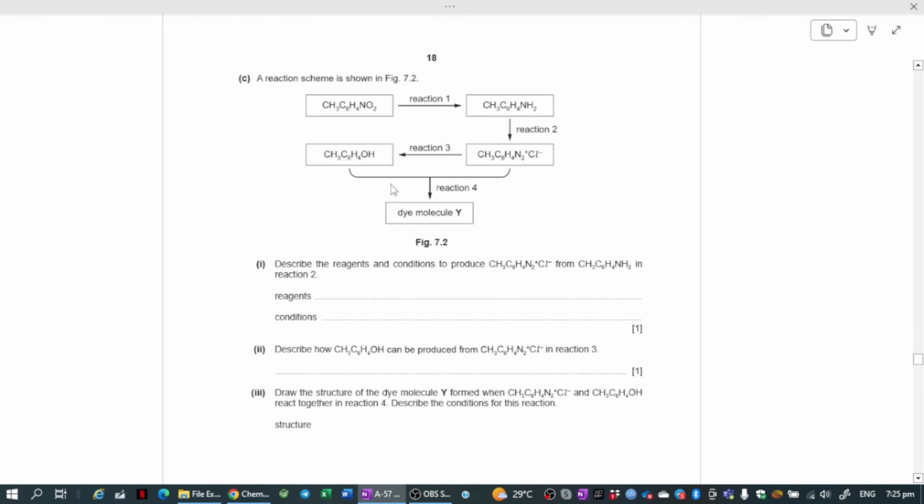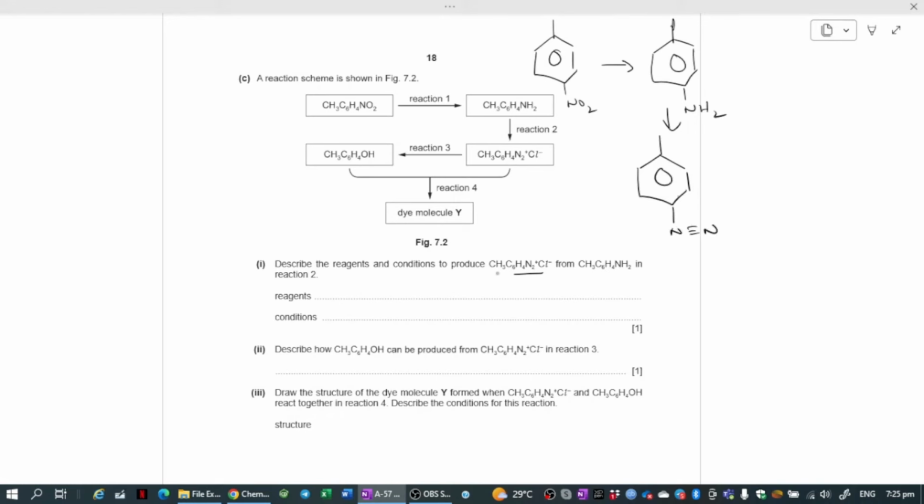Right, so in part C now, we are looking at this reaction scheme here. They ask us to describe the reagents and conditions to produce this salt from the phenylamine compound in reaction 2. So if we draw out what's happening, we have this going to this, N triple bond N, Cl minus, N plus.